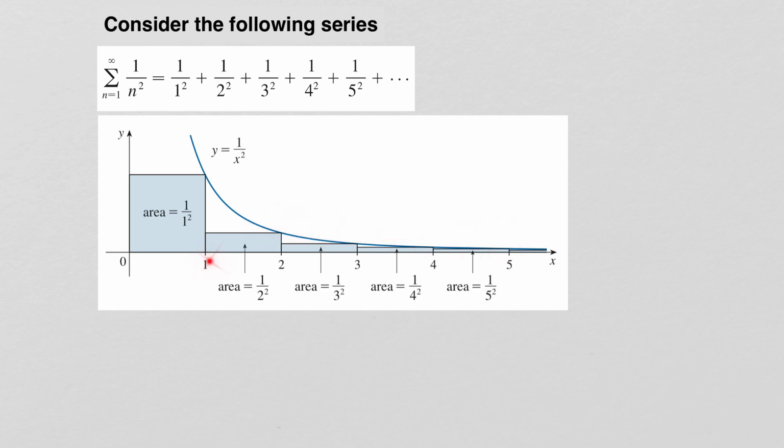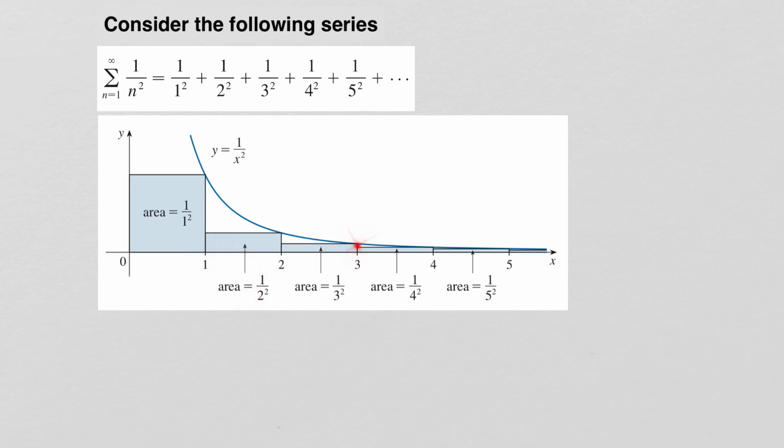If I go to x equals 1 and go up to the curve and draw a rectangle here, the area of this rectangle is 1 unit because the height is equal to 1. At x equals 2, the height of this rectangle is 1/4, and so the area is going to be 1/4.